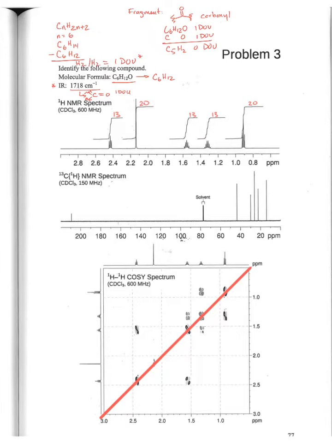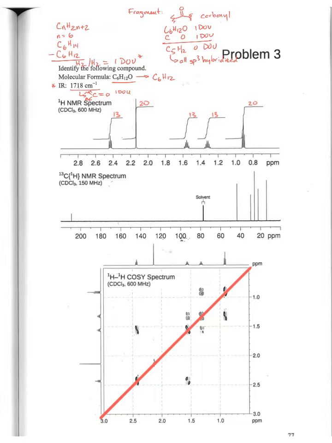So what does that tell us? That these carbons are all sp3 hybridized. That means they're fully saturated. They can't be part of a pi bond. They cannot be in the alkene region or the aromatic region of the NMR spectra that we're going to look at.